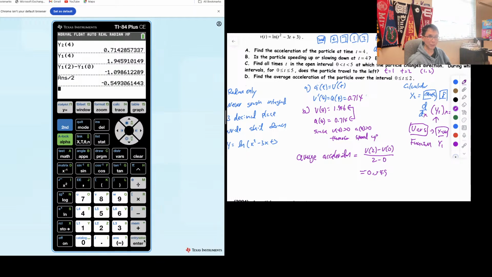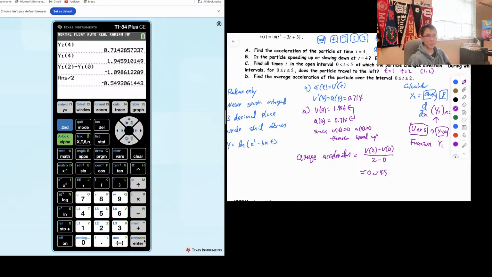There's a lot more buttons to push actually, and we're just going to get negative 0.549 anyway. I didn't use v prime because average acceleration is v of b minus v of a, a change of velocity over a change of time. If you think about units, velocity is meters per second, divided by time again, it's going to be meters per second squared. Got it?